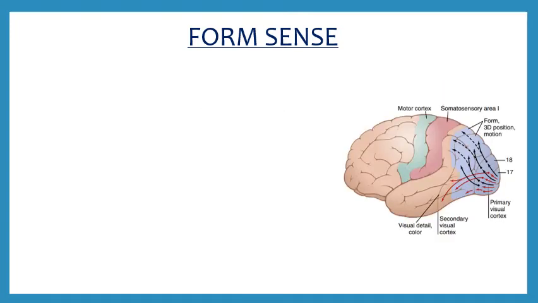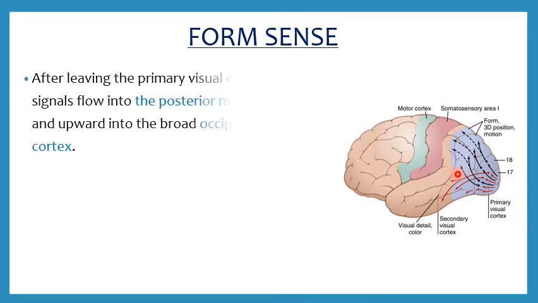Okay, so which pathway is responsible for clear vision? In the primary visual cortex itself, we've got a huge representation for the macula, and for further processing we've got a specialized pathway, the dorsal pathway. Remember we said that the dorsal pathway is concerned with form, 3D position and motion. So how does that pathway move?